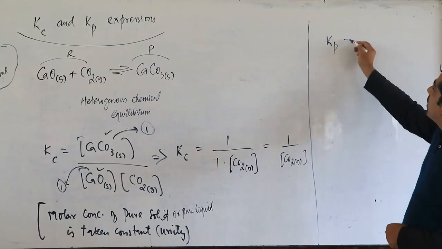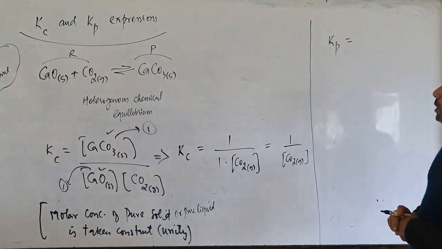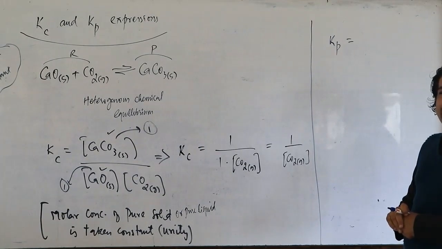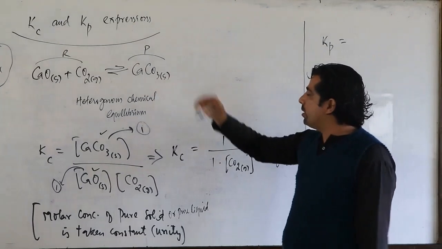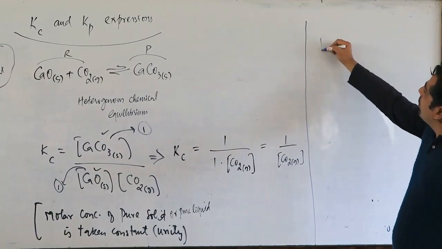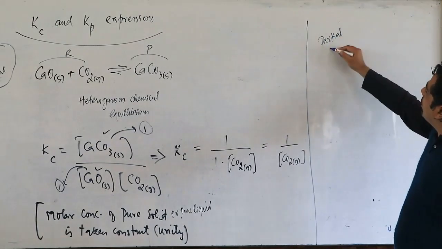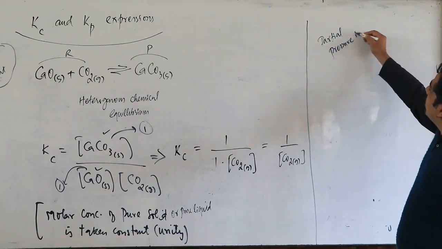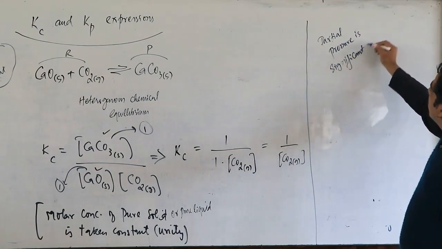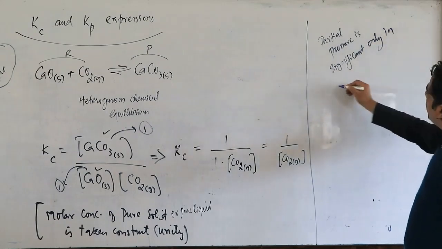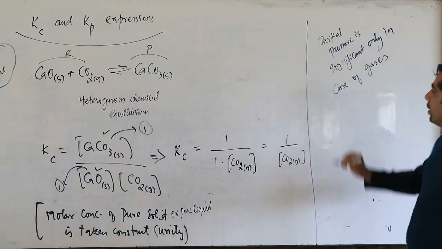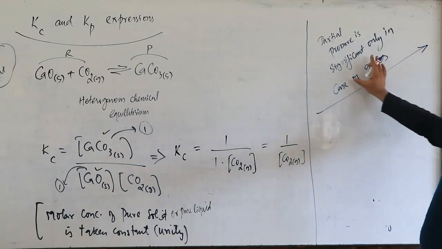let's write down the Kp expression for the same reaction. So it should be the partial pressure of what? Products divided by partial pressure of reactants. But here the product is solid. So before writing Kp, I will mention here, okay, partial pressure is significant only in case of gases.